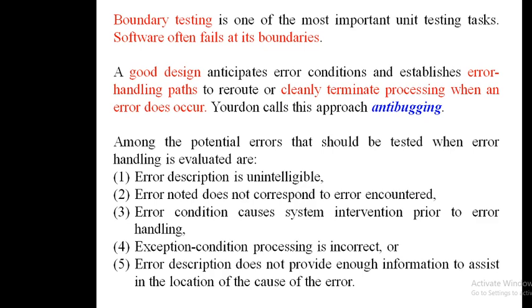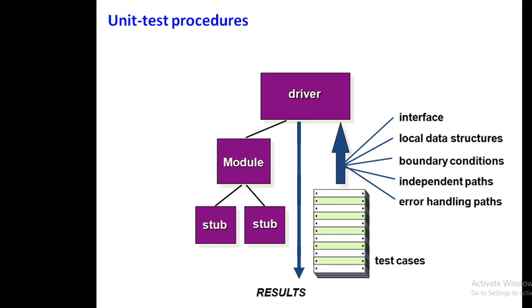Now we are going to discuss the total unit testing procedure. We already discussed that a unit may contain some individual components inside it. For all those components, we write test cases. After completing the test cases for all the components in the module, we hand it over to a driver. A driver is nothing but a main program.